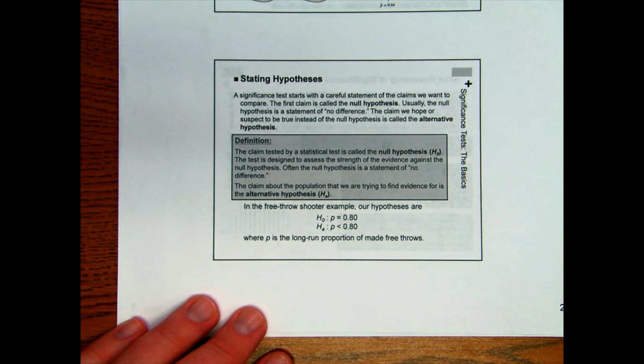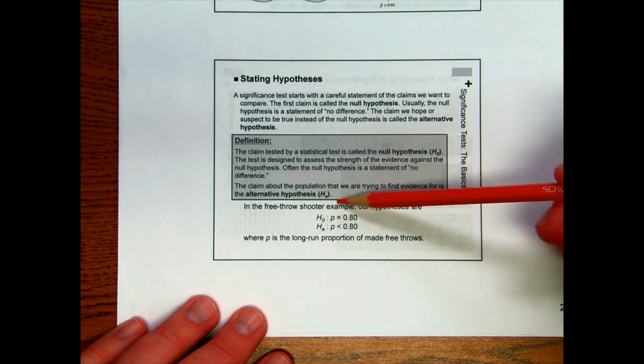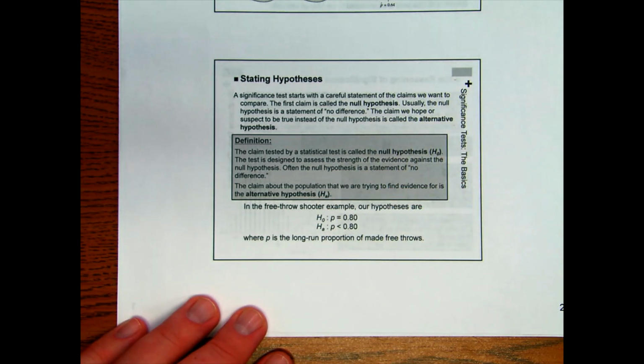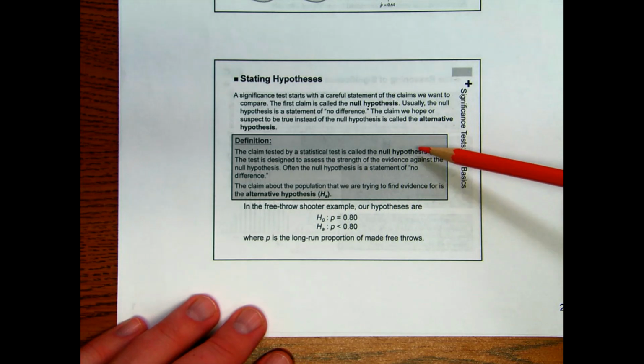The symbols we use here are H sub 0 for the null hypothesis and H sub A for the alternative hypothesis. We are going to be using those terms pretty frequently.